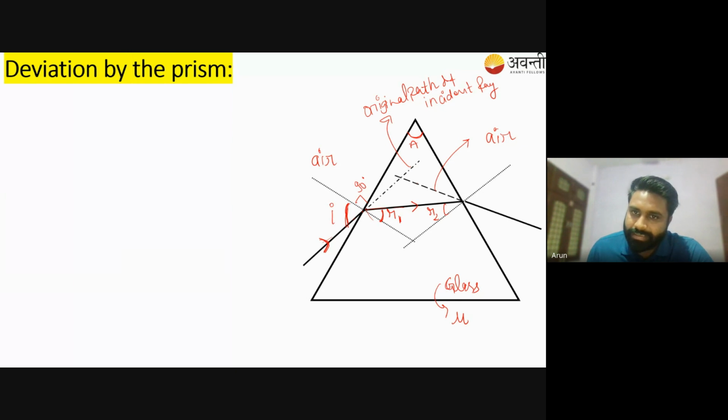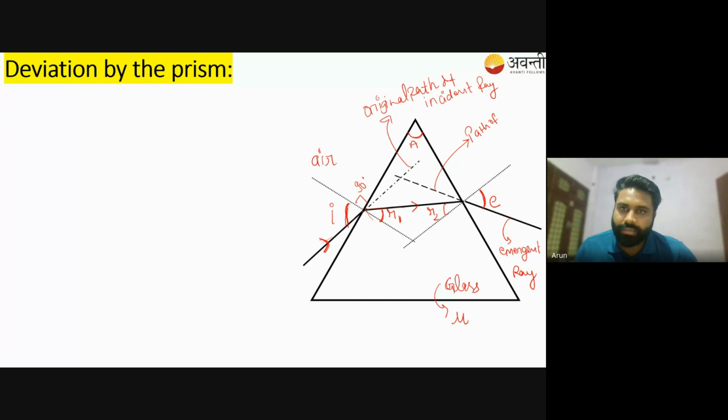Again this is a boundary and refraction takes place, so it is moving from denser to rarer, so it moves away from the normal, and this angle is termed as the angle of emergence, and this ray is the emergent ray. This is the path of the emergent ray.